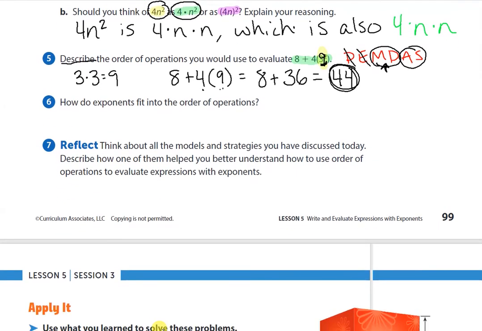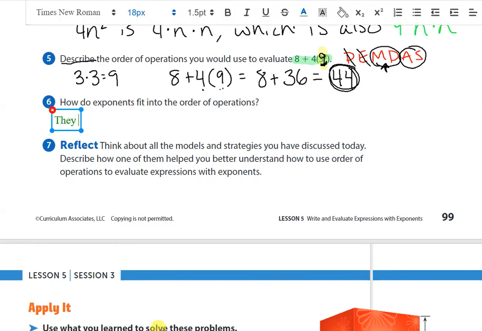Number 6. How do exponents fit into the order of operations? Let's see. They come after operations within parentheses. Can I spell parentheses?